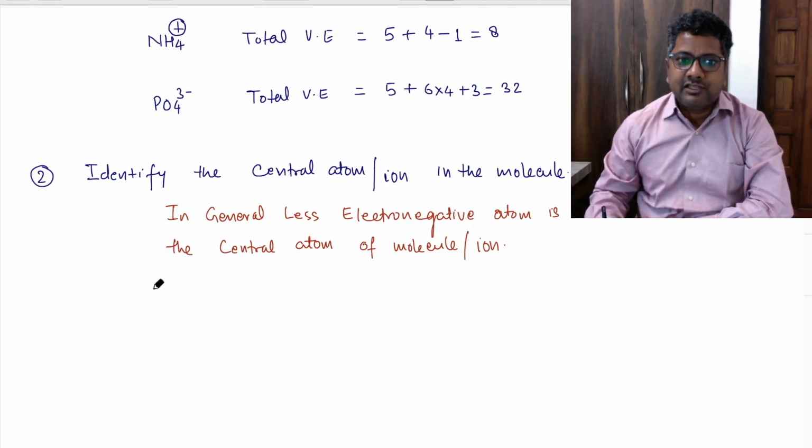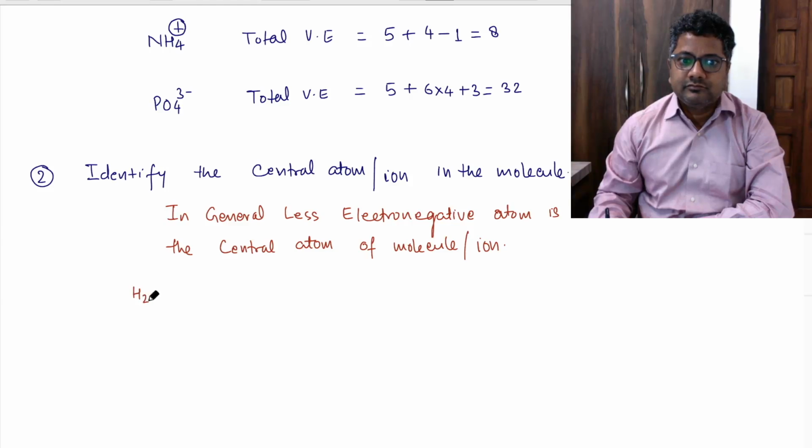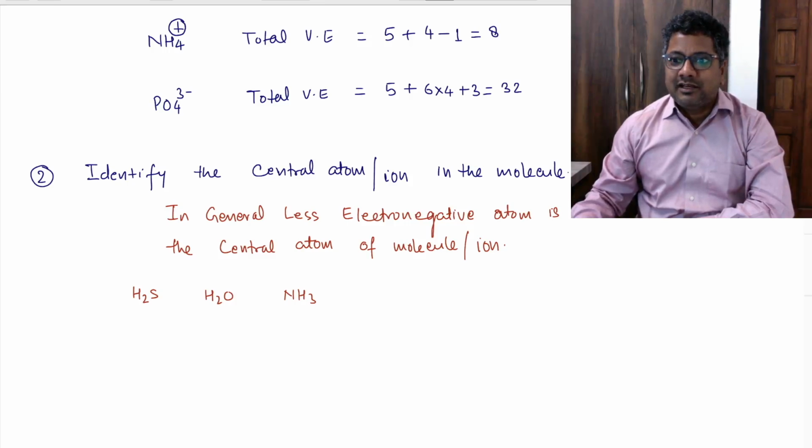Suppose that H2S is given. H2O is given, NH3 is given. So now tell me which one is the central atom here. These are the exceptions to this definition. This definition will work in most molecules, but here it will not work.